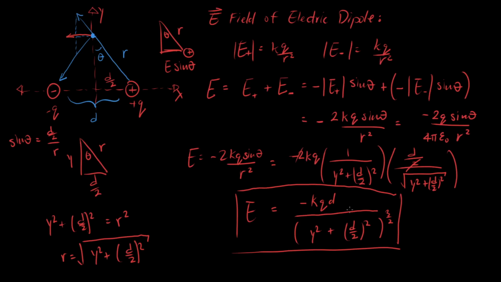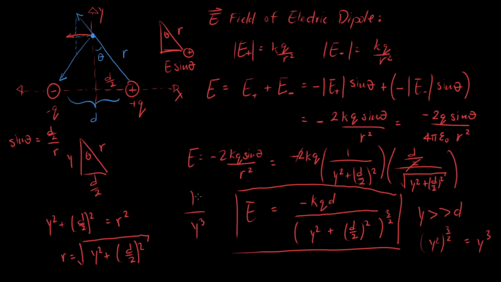And so let's make an interesting argument here. Let's say y is significantly greater than d. We will then see that this bottom component becomes y squared to the 3 halves, which becomes y to the third. And thus we can say that if the point we are talking about is really far away from the dipole, so far away that d is fairly small, we can just make the argument that it's proportional to y over y cubed.